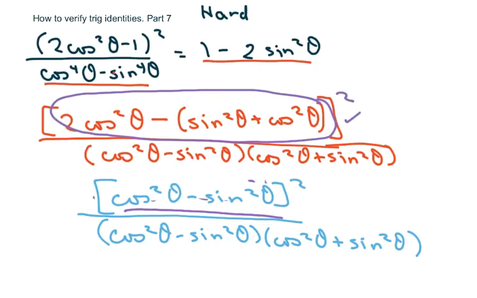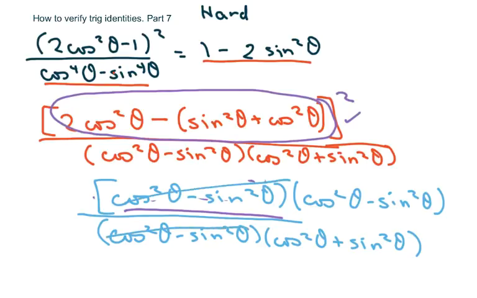All right, let's go to the next slide. So what we're going to get is, first of all, there's 2 of these, so I'm going to write this as 2 instead. So that means there's 2, cosine squared of theta minus sine squared of theta. And what happens is these 2 cancel, and you're left with this.